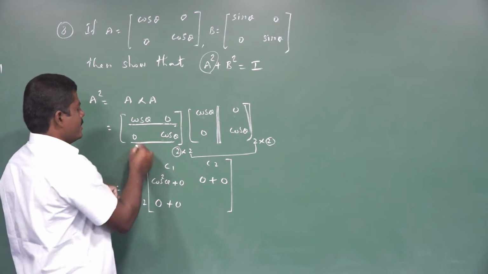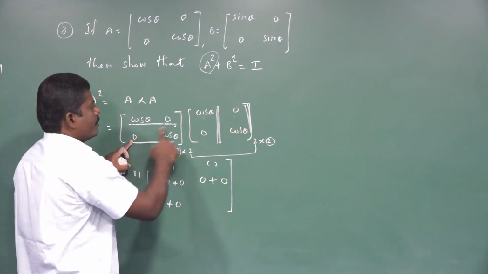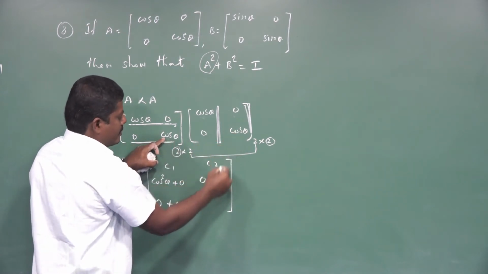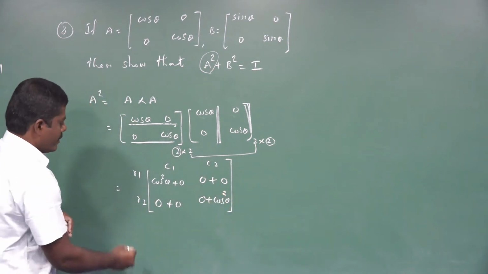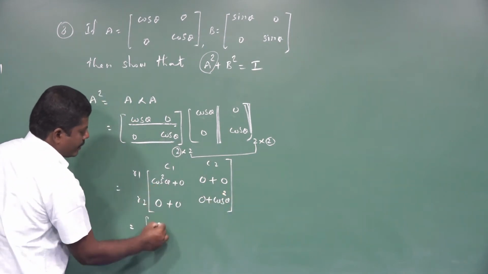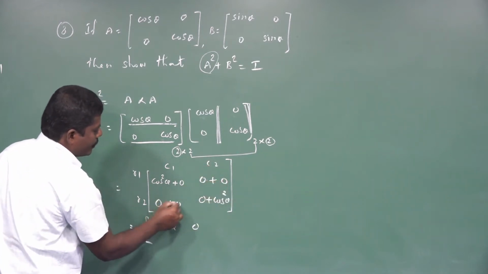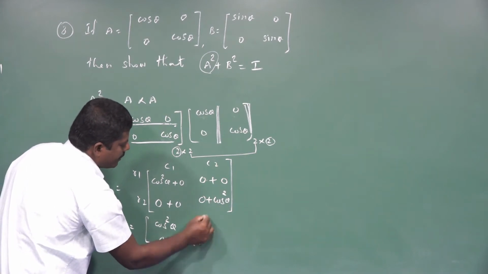Next, same second row, second column. 0 multiplied by 0, 0. Cos theta multiplied by cos theta, cos square theta. Now, cos square theta plus 0, cos square theta. 0 plus 0, 0. 0 plus 0, 0. 0 plus cos square theta, cos square theta.